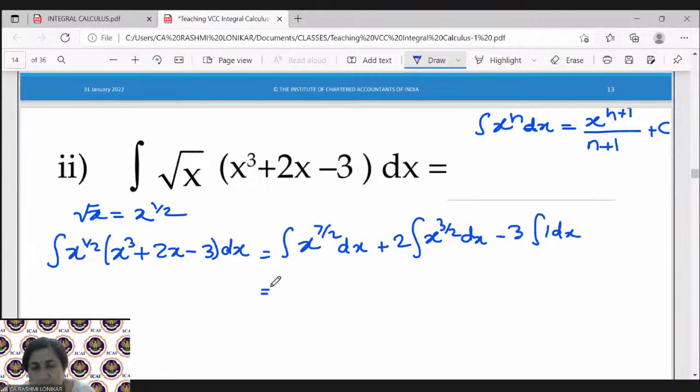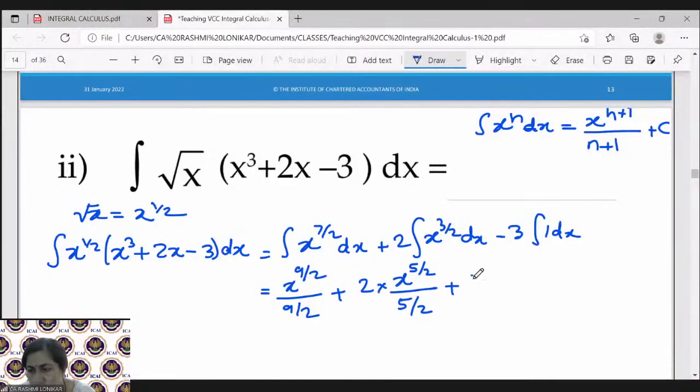So 7 by 2 plus 1 will be x raised to 9 by 2 upon 9 by 2, plus 2 into x raised to 3 by 2 plus 1 will be 5 by 2, x raised to 5 by 2 upon 5 by 2, minus 3 integral of 1 dx is x, so it will be x plus c. Now I need to just flip the denominator.